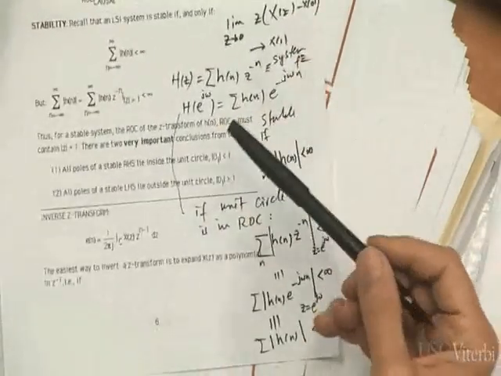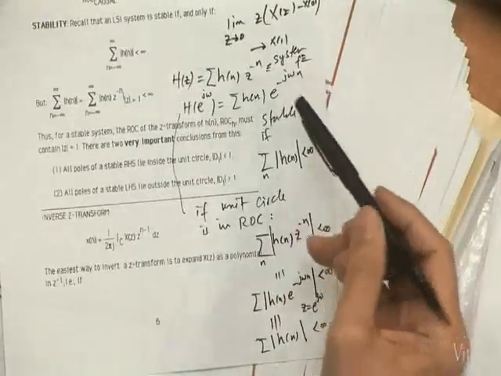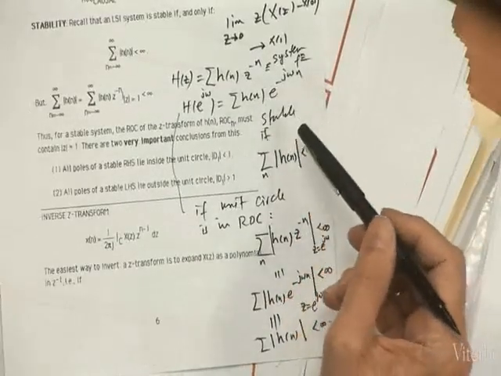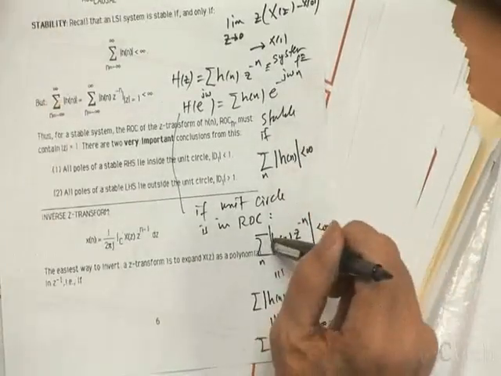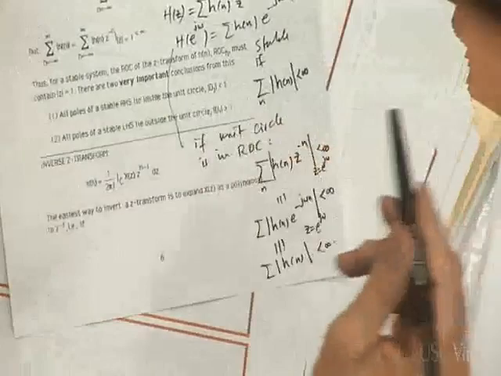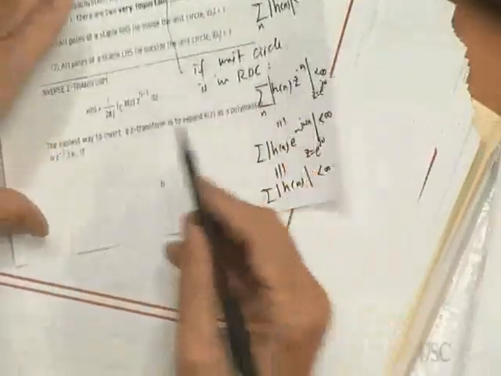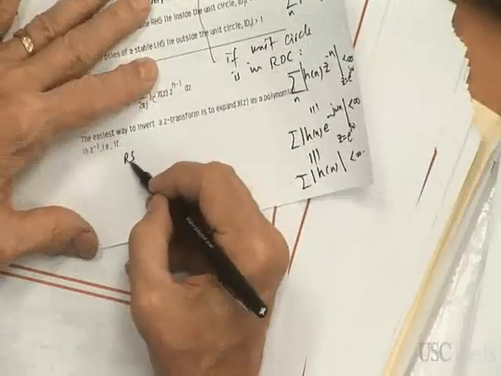So, if the region of convergence of the z transform of the impulse response includes the unit circle, that's a stable LSI system. That only works for LSI systems. Now, there are two important conclusions. We can go a little bit further. Okay, and what is conclusion one? Well, think about a right-sided sequence.